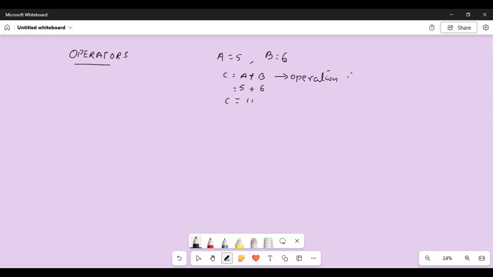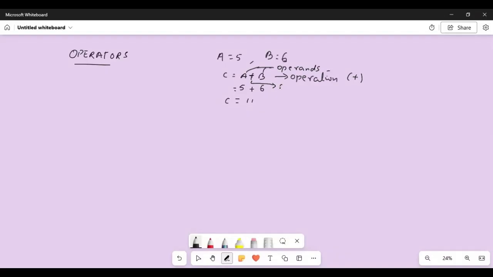What is this operation that you did? You performed an operation of addition. Addition of what? Two variables, A and B. These two quantities A and B, the variables over here, are called operands. Operands are the quantities on which a particular operator performs an action.